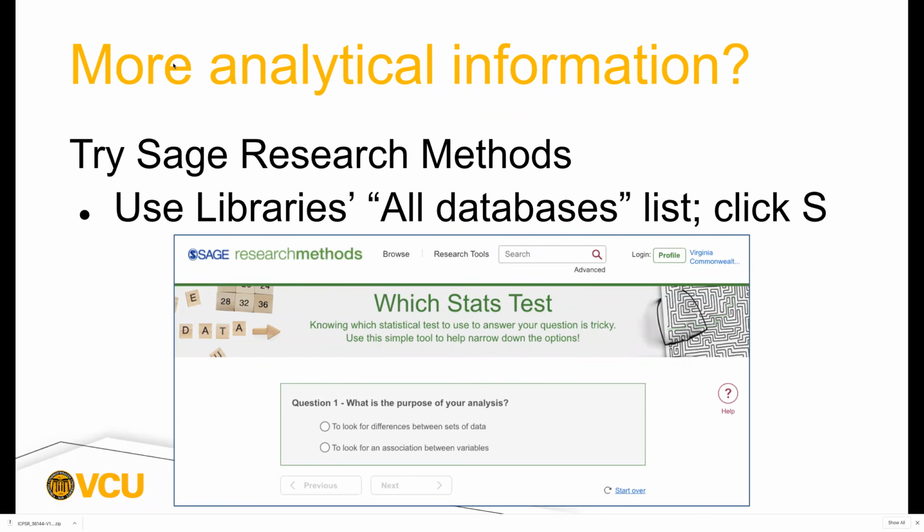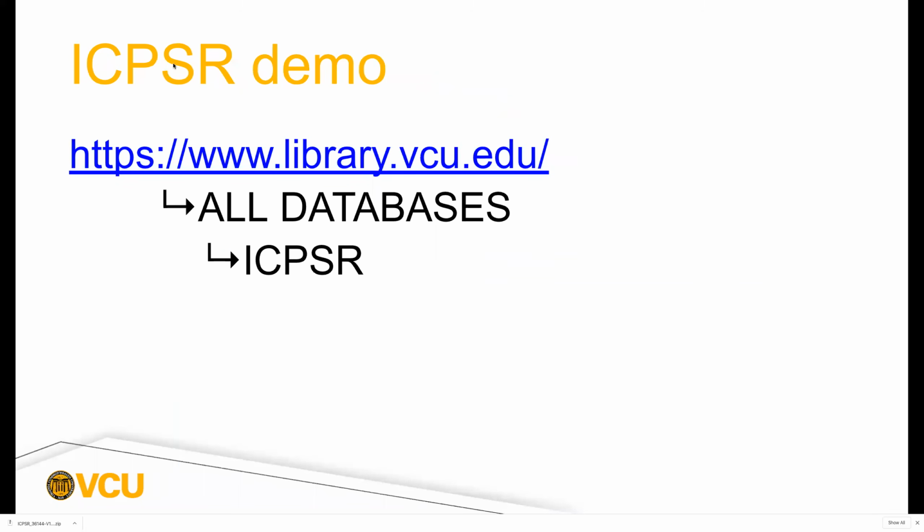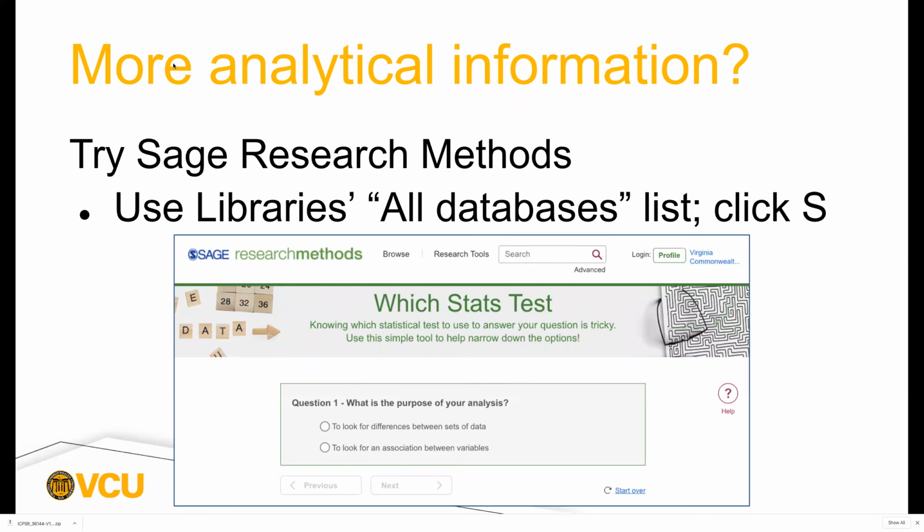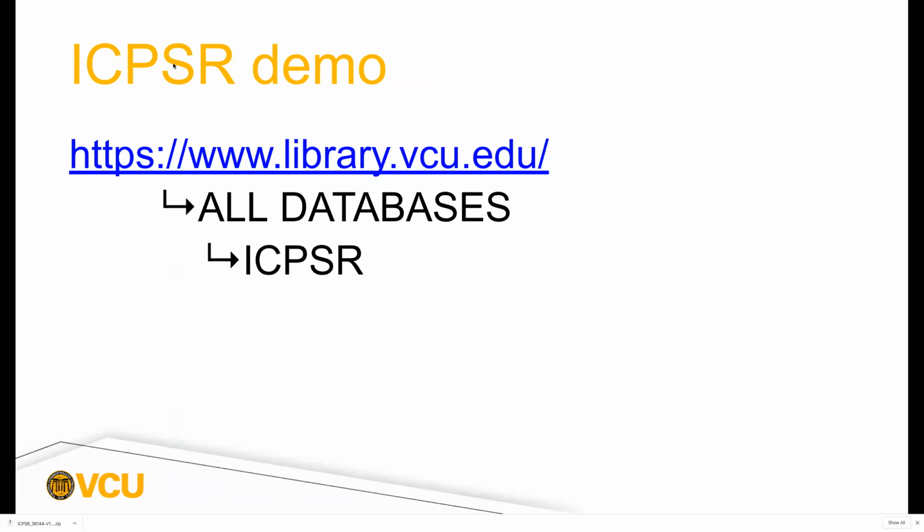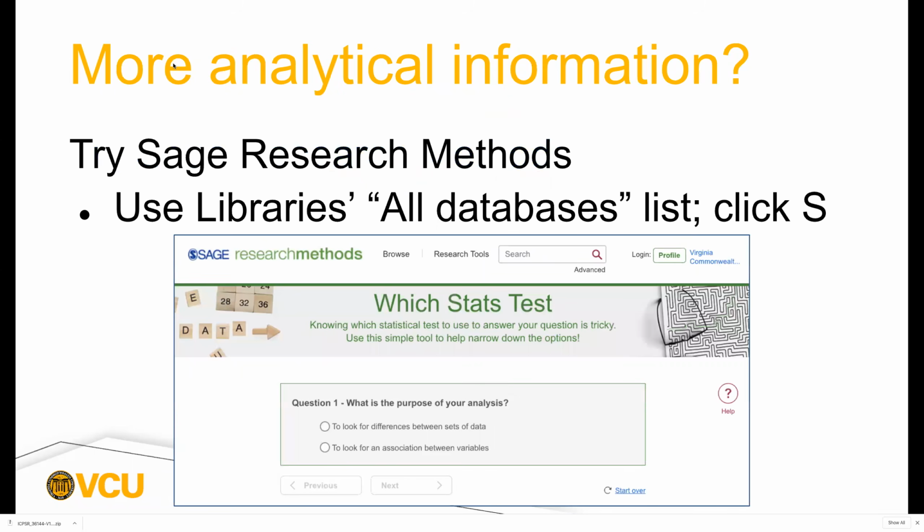Total technology idiot there. So that was my demo. Let me give you one more pointer about a library subscription database called Sage Research Methods. If you're trying to remember your stats class, or if you're like most of us and your stats class and your research methods class don't quite line up perfectly, it can be really hard to decide what you want to do statistically once you have your data set.